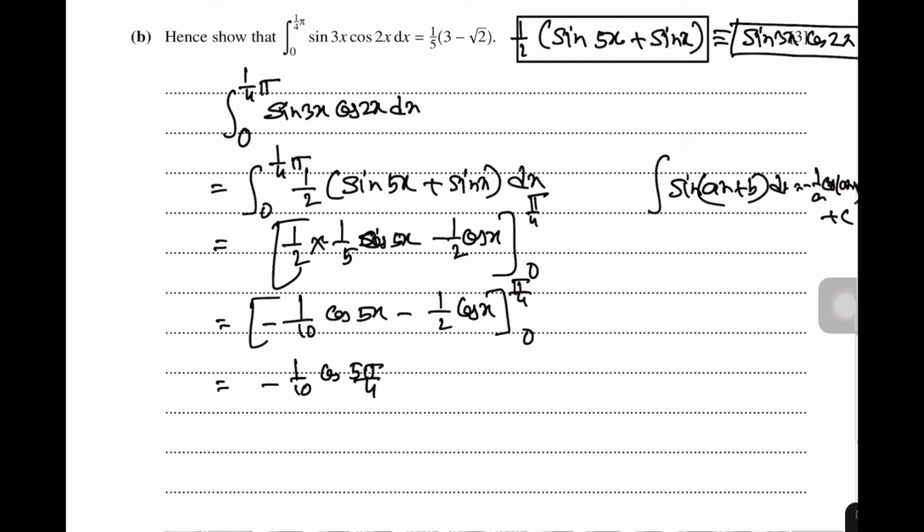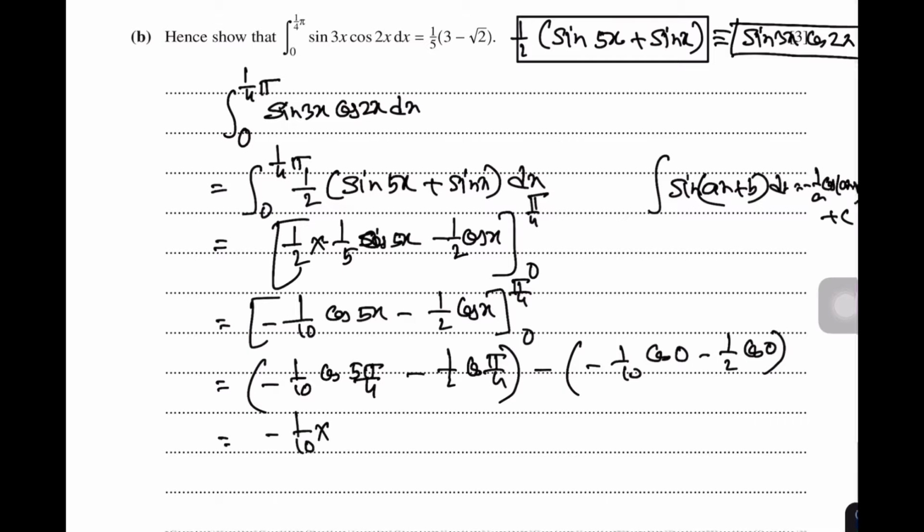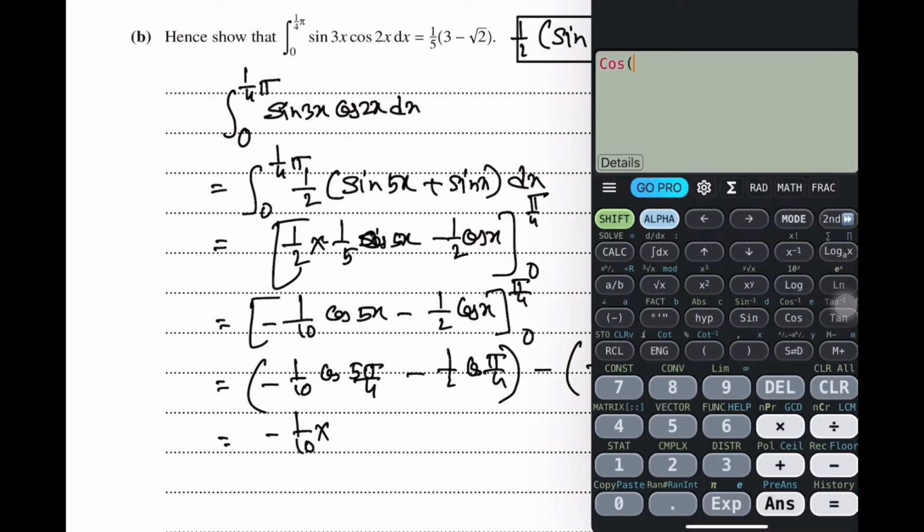Pi by 4, half cos pi by 4, minus 1 by 10 cos 0, minus half cos 0, minus 1 by 10 into cos 5 pi by 4.